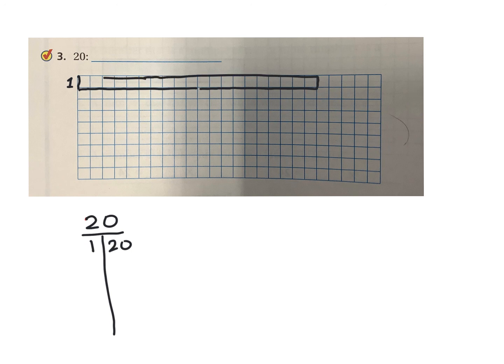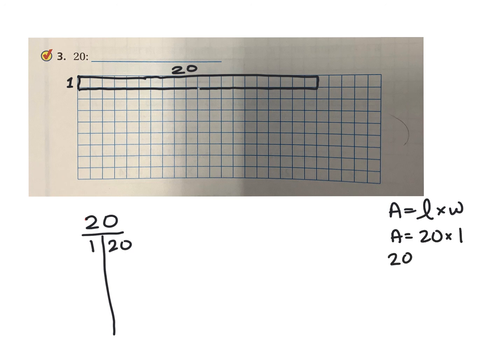Ooh, that was long. Okay, that means there are 20 squares in here. The area is 20, and I find area by multiplying the length, 20, times the width, 1. Area equals the length times the width. So the area in this case is going to be 20 times 1, which is 20.